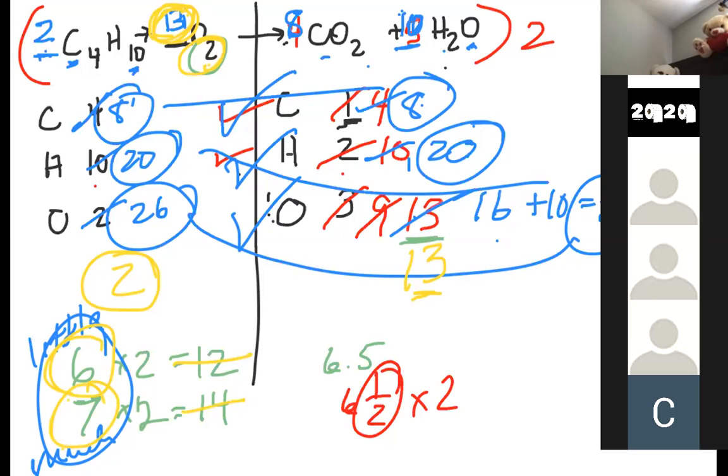But I can't put 6.5. So that's why I have to double it. If I double it, I get the number 13, because 6.5 times 2 is 13. And so that's how I got that 13 right up in here. But if I doubled this number, I've got to double that one, I've got to double that one, and I've got to double that one too.